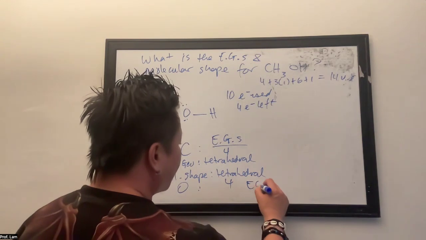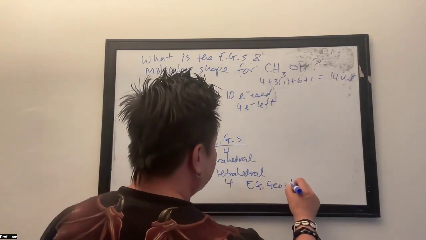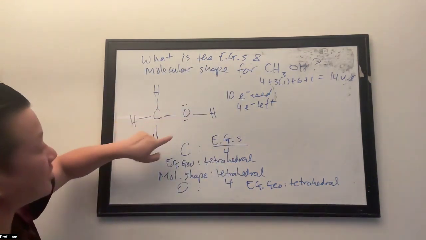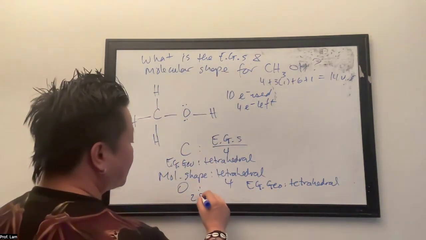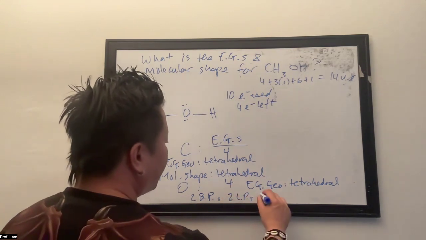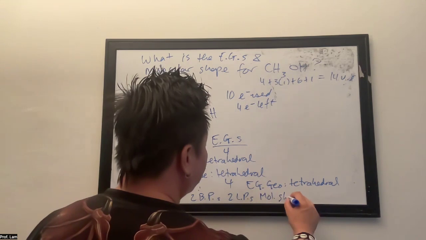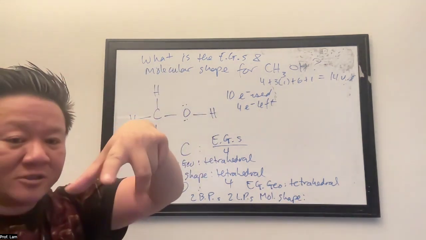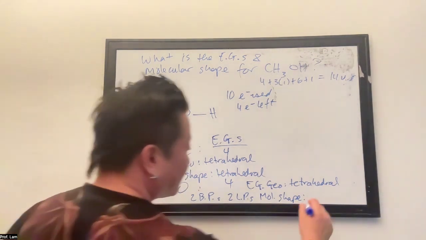So the electron group geometry is going to be tetrahedral. However, around oxygen, there's 2 bonding pairs and 2 lone pairs. Okay. So the molecular shape, right? So tetrahedral, 2 lone pairs, we are at bent.